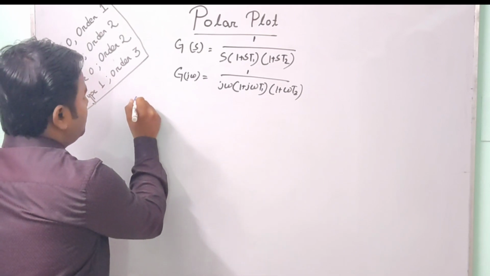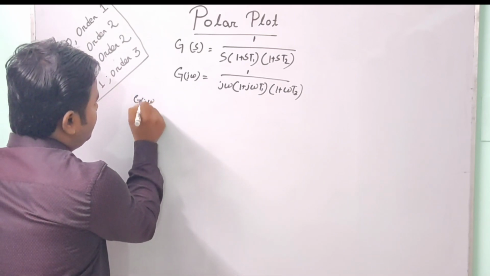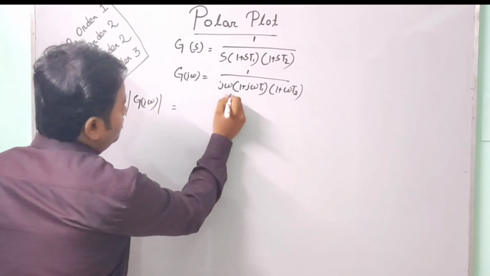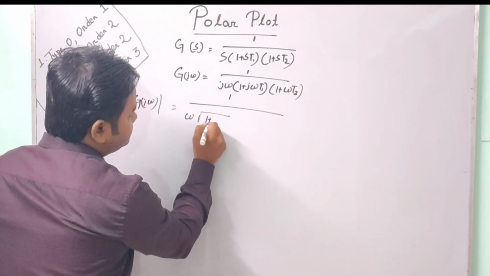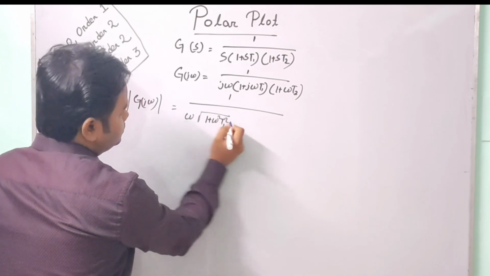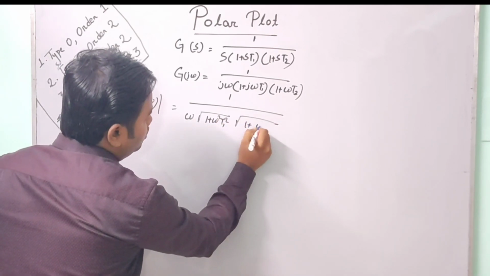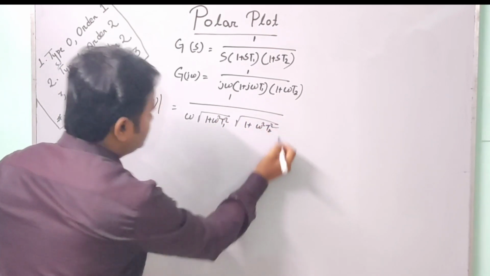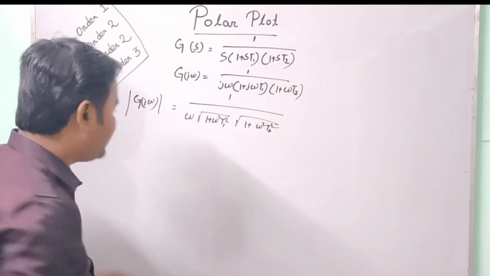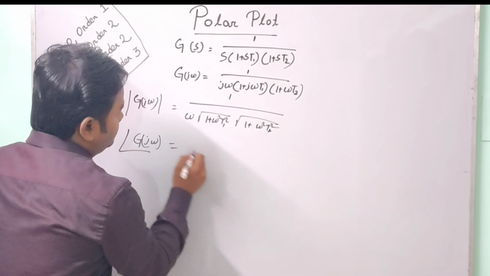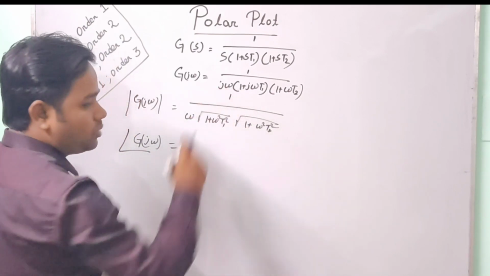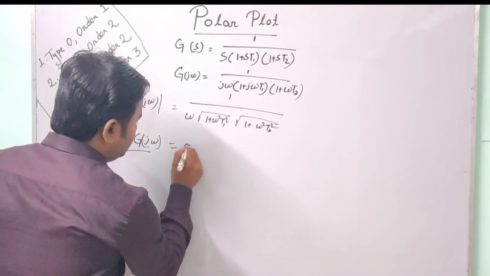So the magnitude of G of J omega is equal to 1 divided by omega into root over of 1 plus omega square T1 square into root over of 1 plus omega square T2 square. Next we have to go for its angle. The angle of G of J omega: in the numerator 1 is present, so 0 degree.